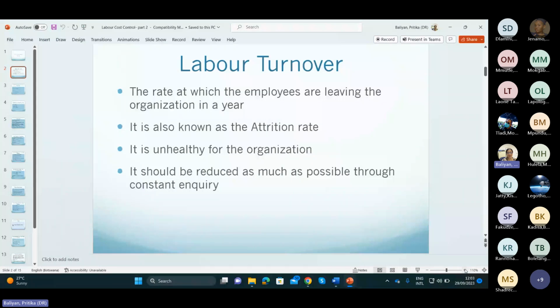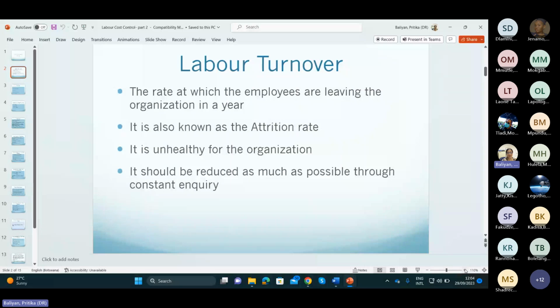Once the person is trained, if he leaves after some time, whoever joins in his place, the organization has to repeat the entire process again. So labor turnover, also known as attrition rate, is not good if the rate is higher.